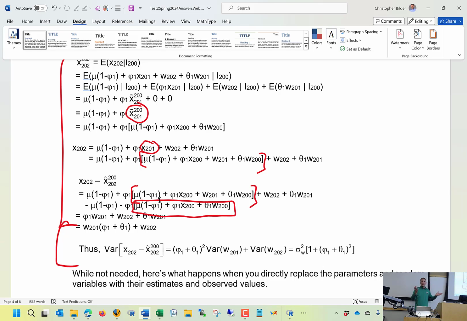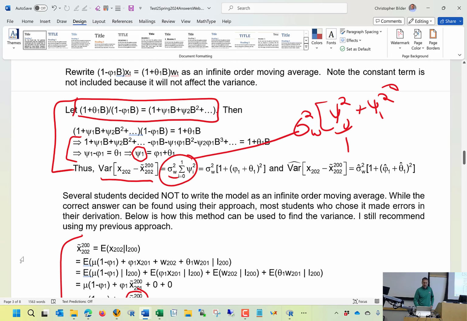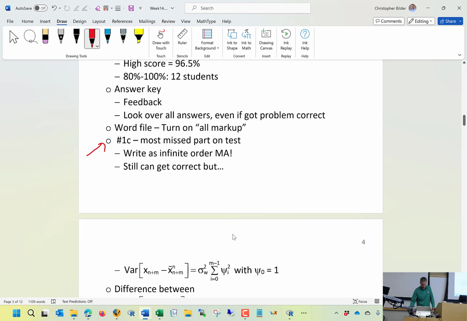And that's what screwed up getting the final result. So while you're welcome to continue doing it that way, I hope you agree with me that it's probably best to write everything as an infinite order moving average. Any questions about that?